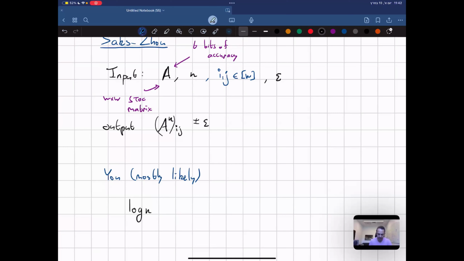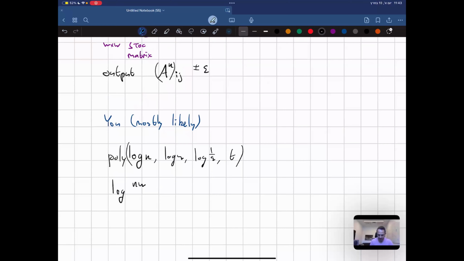you're probably going to get something which is polynomial in log n, log w, log 1 over epsilon. And if you're looking at the dependence on t, you're always going to have some t there. If you're not too careful, you're going to get something like this squared times log n or something like that.